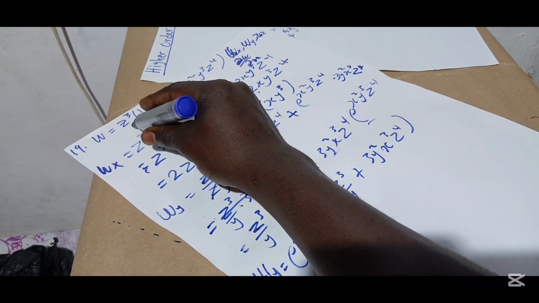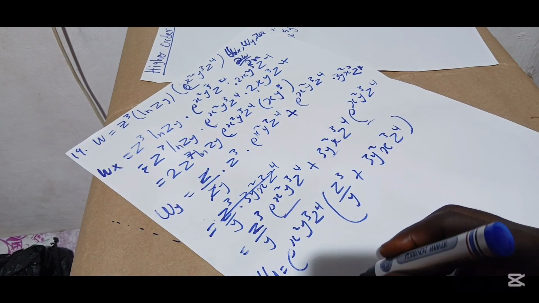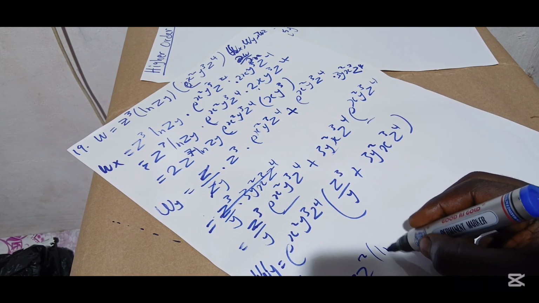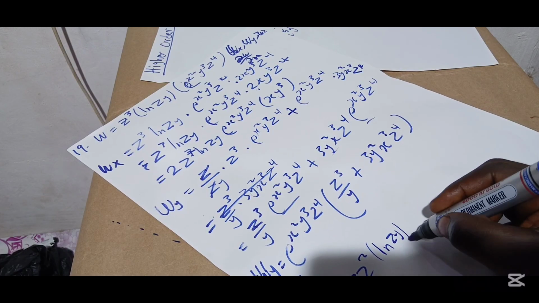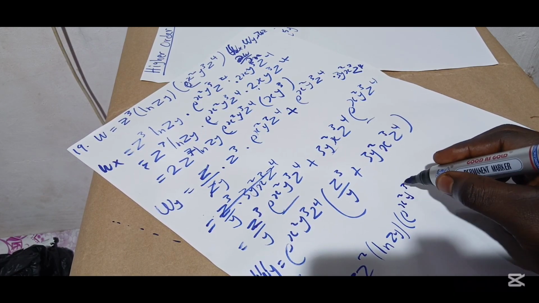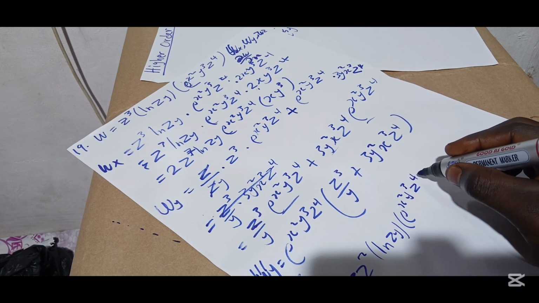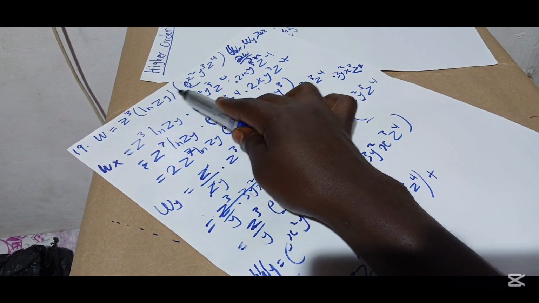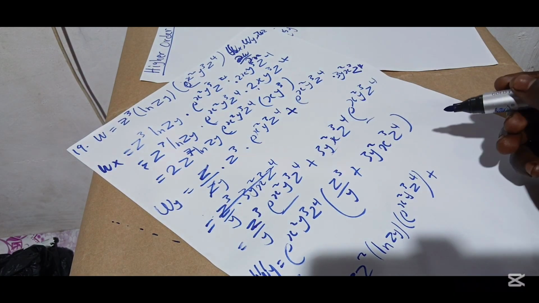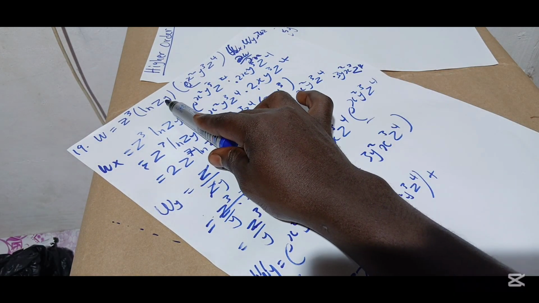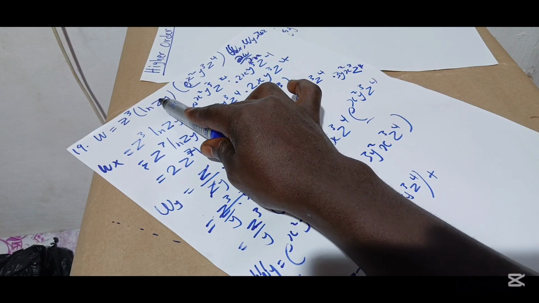So z to the power 3, differentiating that, we get 3z squared, leaving the rest, which is ln zy e to the power x squared y cubed z to the power 4. Then plus, let's differentiate the second one, leaving the rest. For the second one, differentiating with respect to z, differentiating z we get 1.